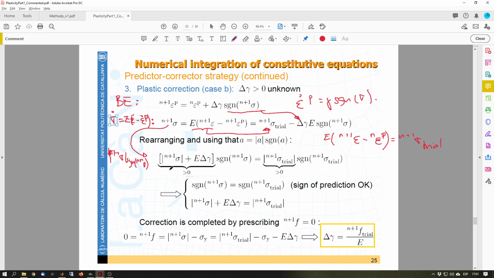And we gather that to the other side as well. So we are left with a common factor of the sign of sigma n plus 1, and that is equal to this absolute value plus E by delta gamma, and we have our sigma trial that we will also write in that manner, the absolute value multiplied by its sign.